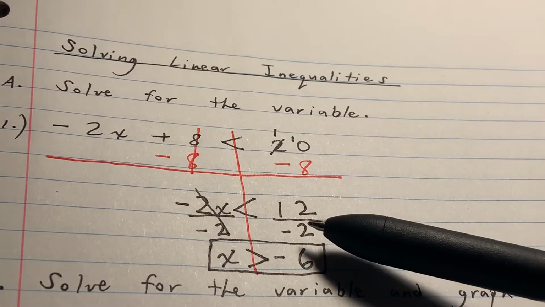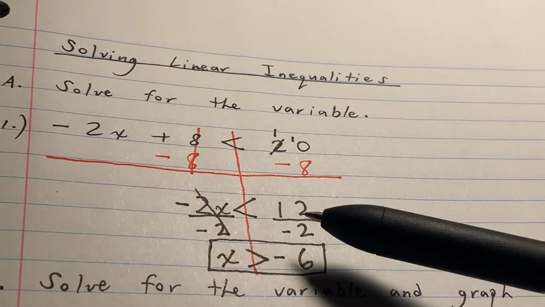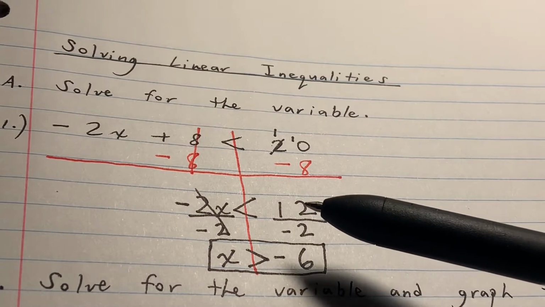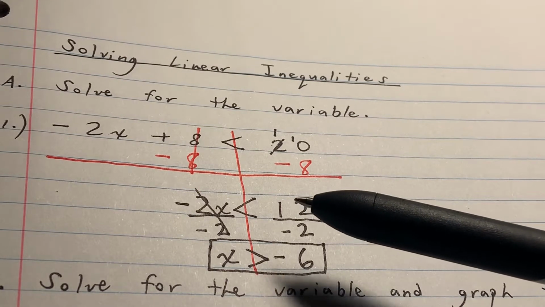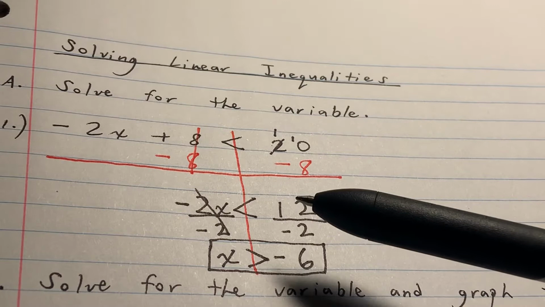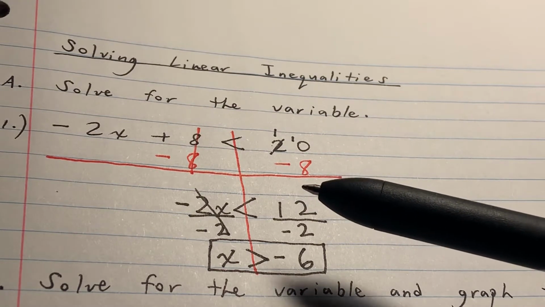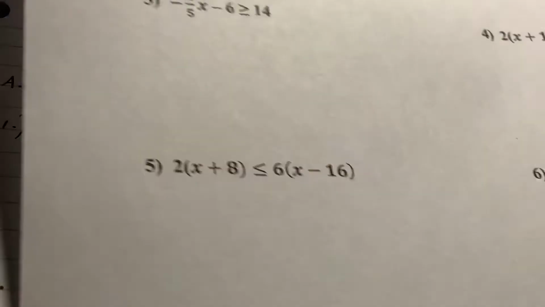If you remember in our previous video, when we learned how to solve linear equations with fraction coefficients, sometimes we had to multiply both sides by the denominator if we use that method, or multiply both sides by the reciprocal of the fraction coefficient.